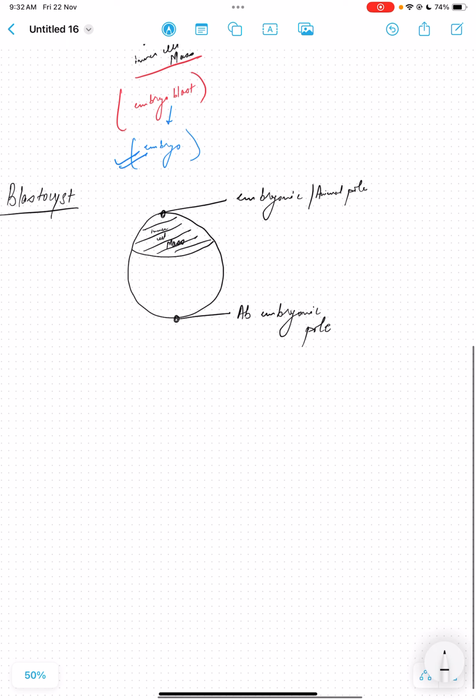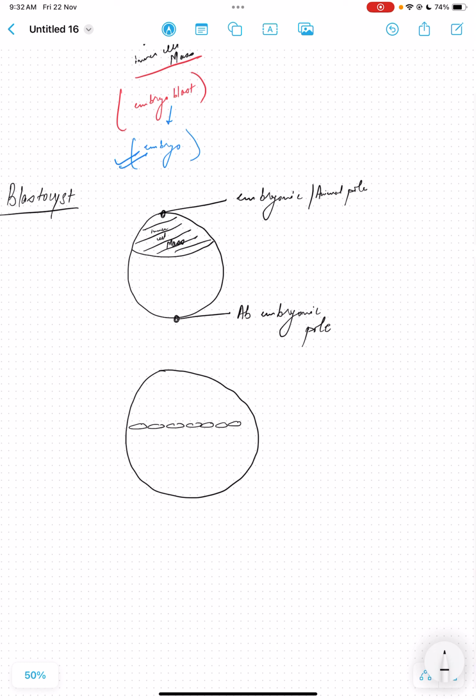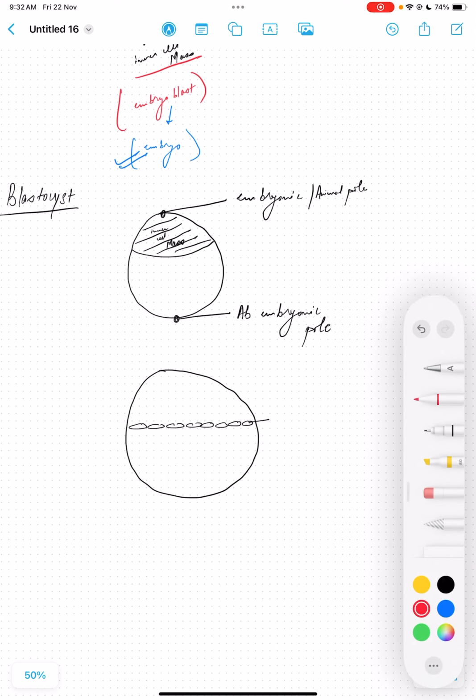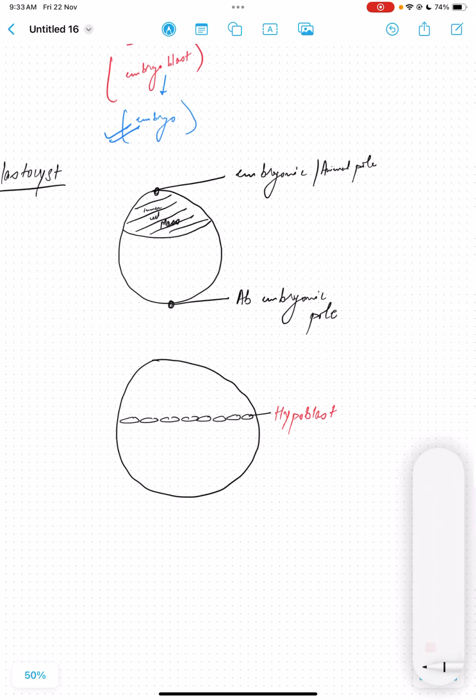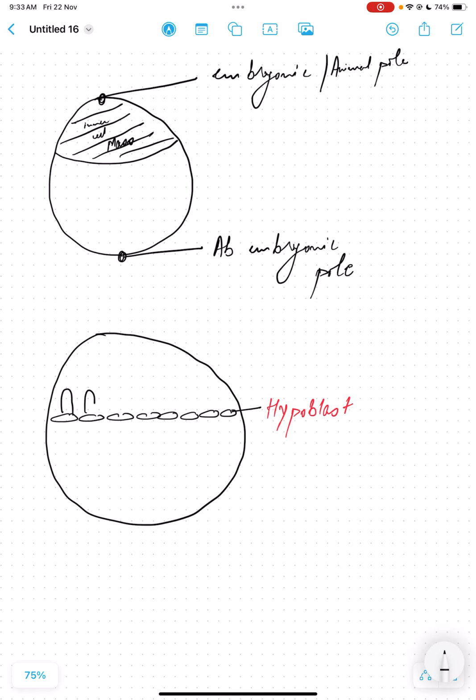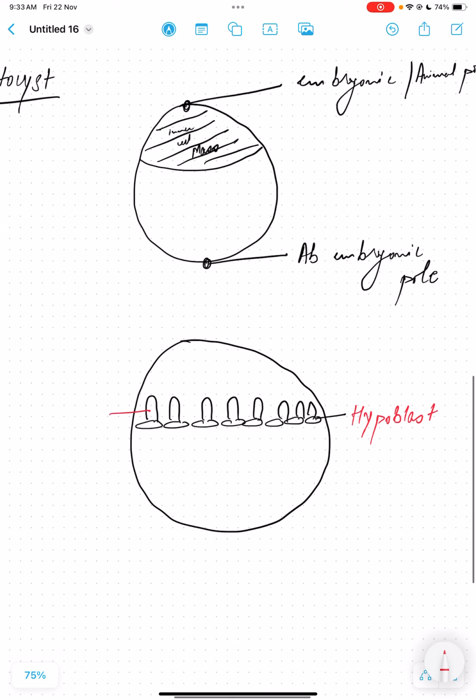So what happens? First of all, there will be flat cells lying down towards the inner cell mass that are called hypoblast. Above the hypoblast we have tall columnar cells that are called epiblast.